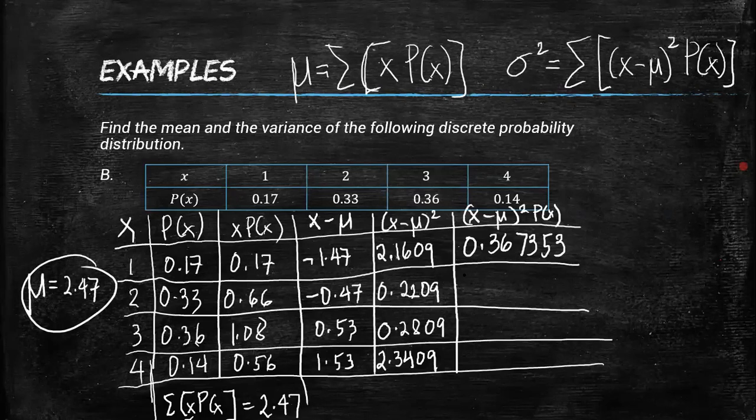So, that is 0.072897. Next, 0.2809 times 0.33. We have, ay, mali. 0.36 pala.